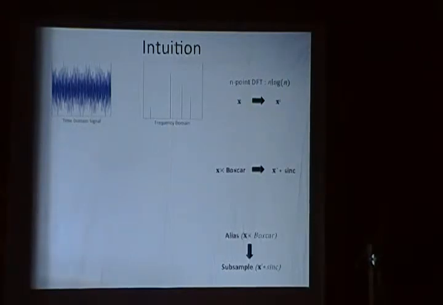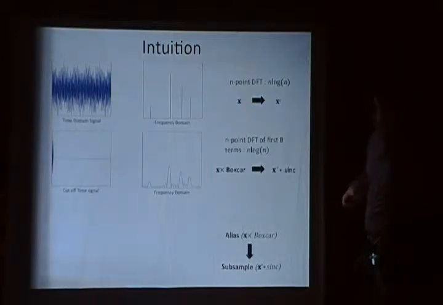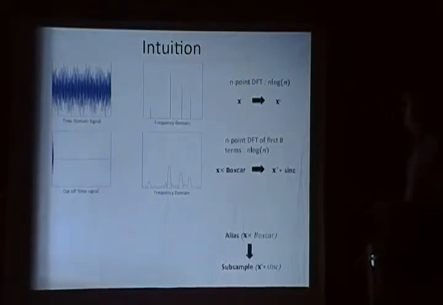So ideally, you would like to reduce the running time, which means you have to reduce the input size and the output size. The first step towards our algorithm is to take the signal, keep only the prefix of it, and zero out everything else. Then you run FFT on this.